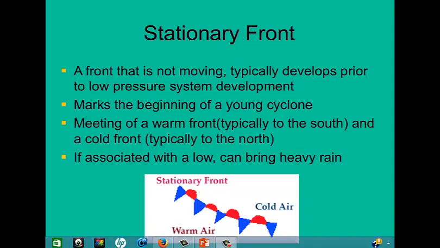As you can see in the diagram, you've got your semicircles in red facing north, so it's moving from the south, and you've got your triangular cold front moving towards the south, so they are moving in opposite directions in the stationary front. If associated with a low, this can bring really heavy rain for a period of time.